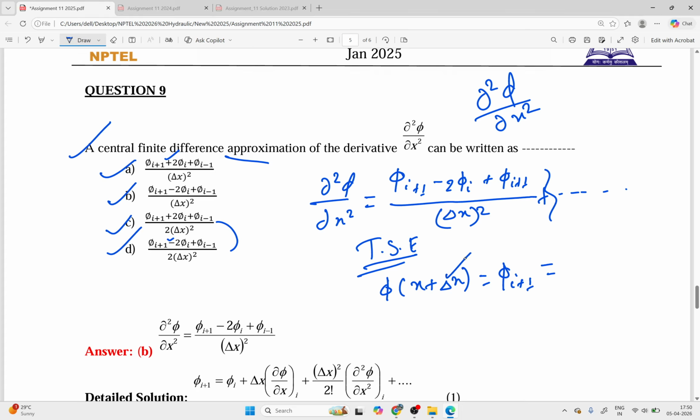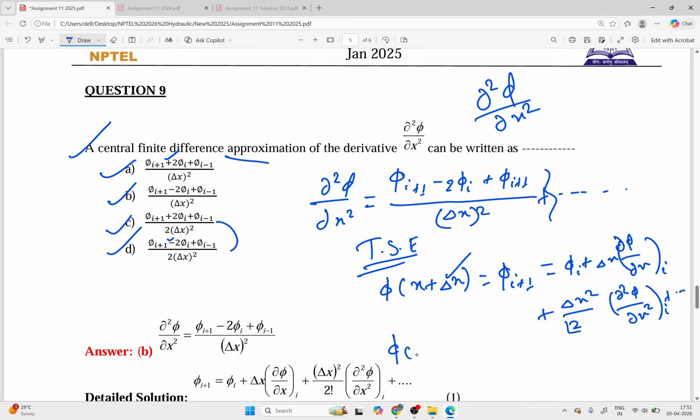Delta x is the increment, remember please. So first phi i, plus delta x del phi by del x at i, plus delta x square by 2 factorial del square phi by del x square at i, and these other terms.